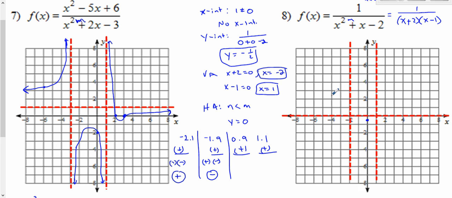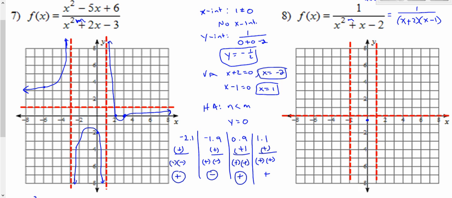For 0.9 plus 2, that's positive. 0.9 minus 1 is positive. I have all positives, so my outcome is positive. 1.1 plus 2 is positive. 1.1 minus 1 is positive, so that's positive.